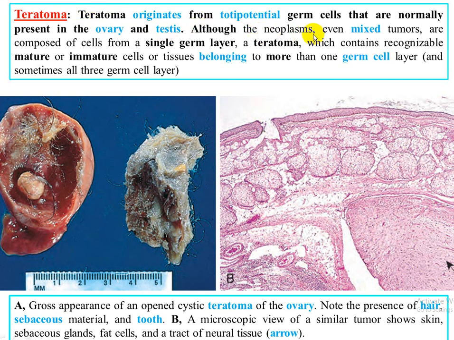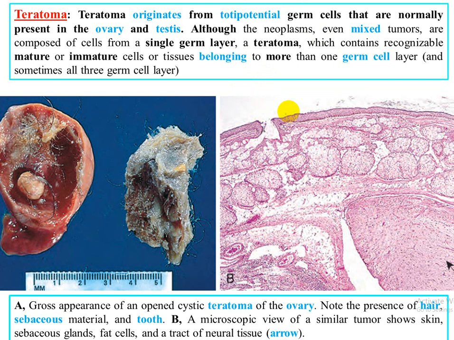Although other neoplasms, even the mixed type, are derived from a single germ cell layer, the teratoma mostly originates from two or three germ layers, meaning layers of embryogenesis: ectoderm, endoderm, and mesoderm.